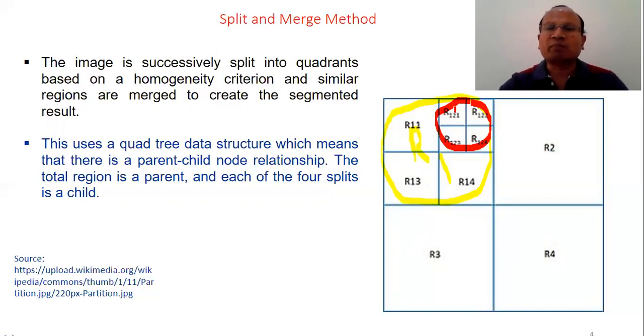The parent is R12 and there are four children obtained from that one parent. So this split continues. If we find that in R11 there are two dissimilar regions, we will try to separate all the disjoint regions in the splitting process.